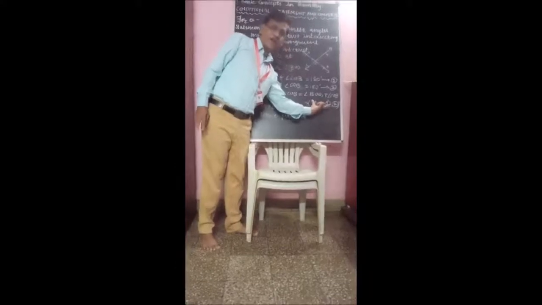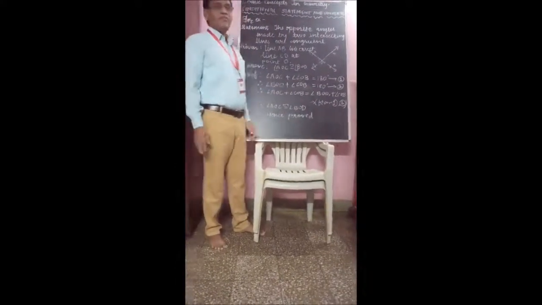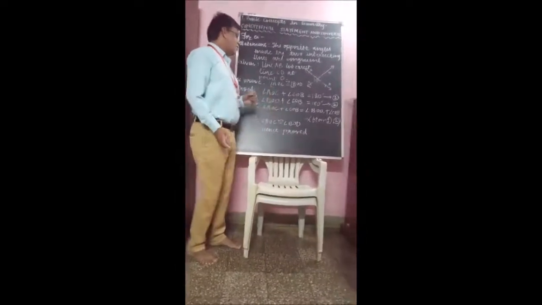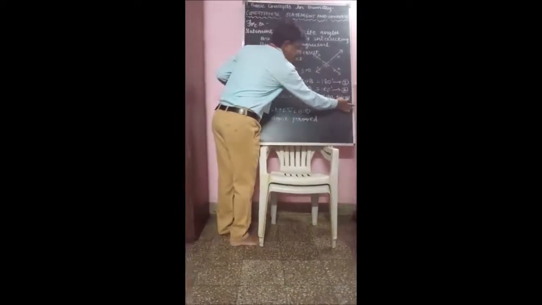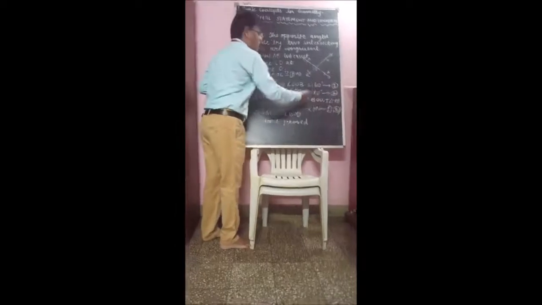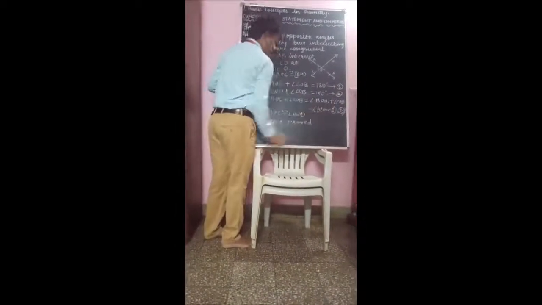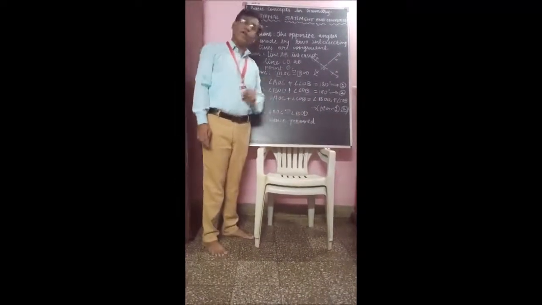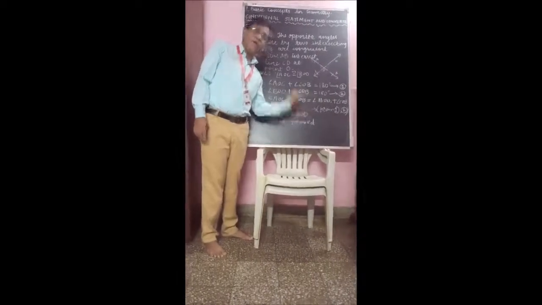Here COB is on both sides, so you can cancel it. By eliminating angle COB, you get angle AOC is congruent to angle BOD.